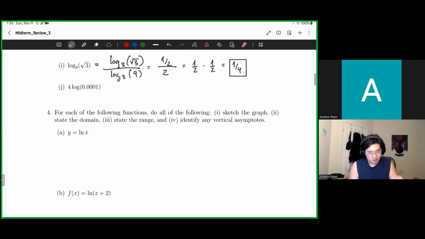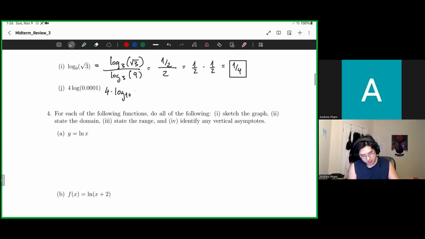And J, 4 log of 0.0001 is simply 4 times log base 10. Remember, if I don't put a log base explicitly, you assume it's 10. And since I have 4 decimal spots, this is just 1 over 10,000.